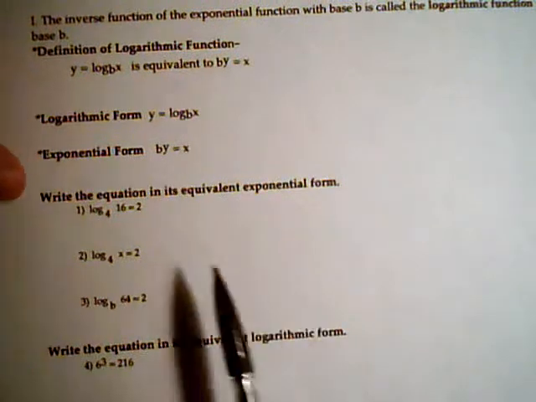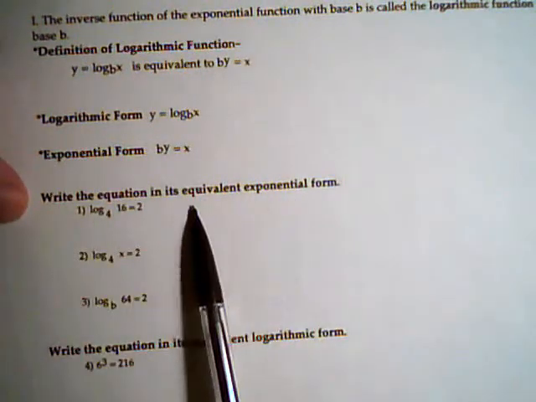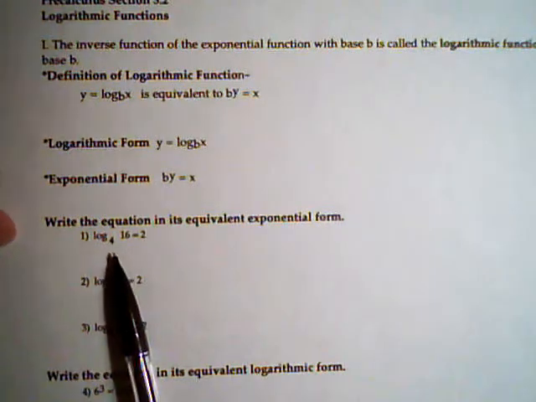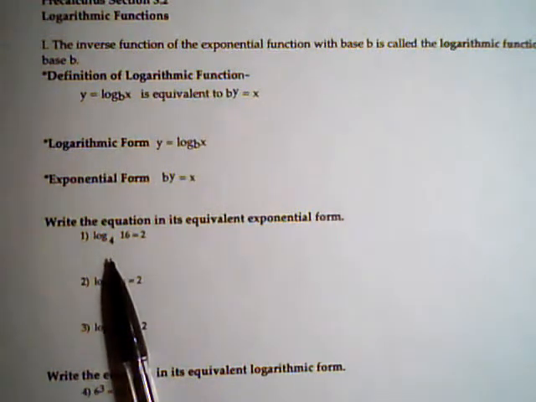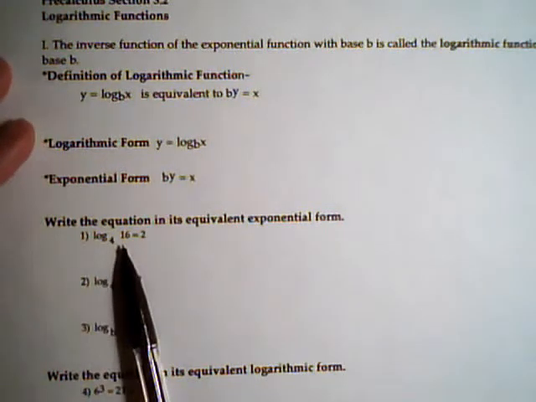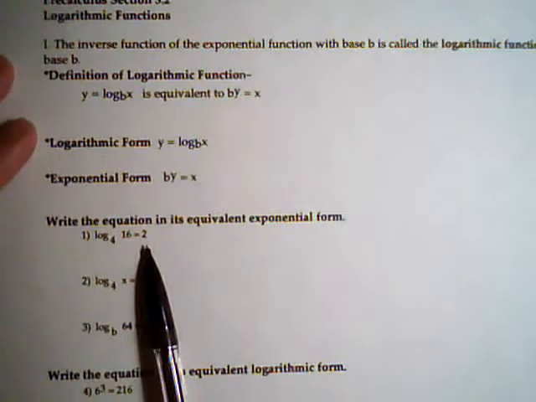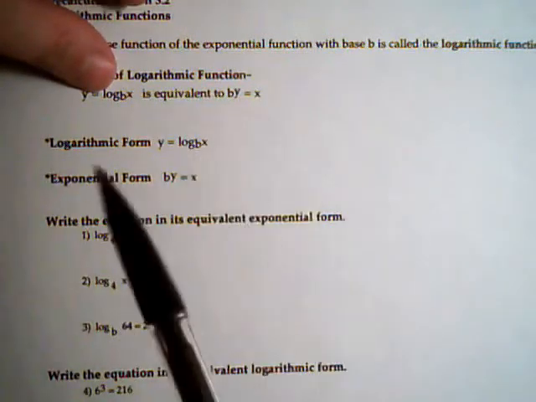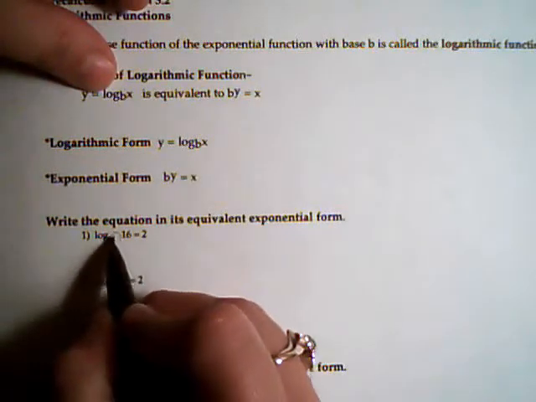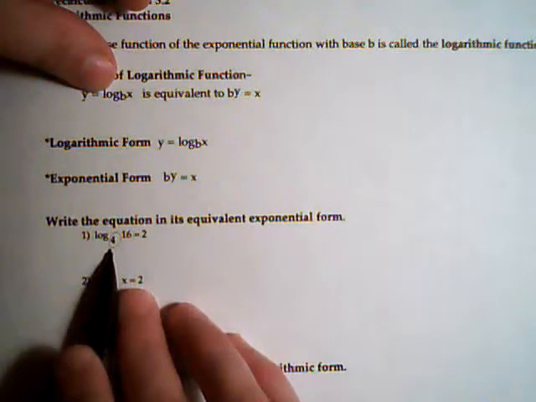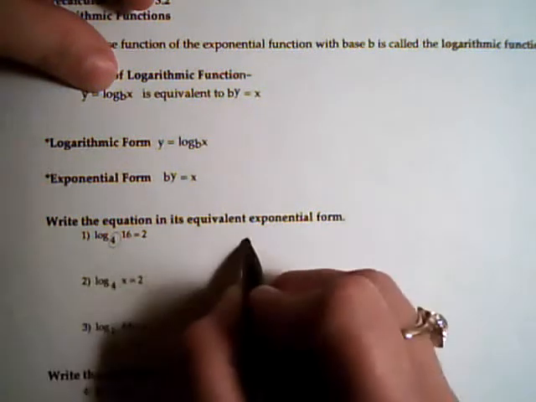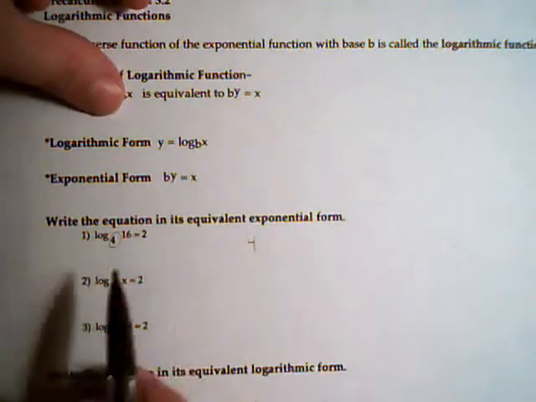So the first thing that you're going to have to be able to do is convert between those two forms. If you have something in logarithmic form, they're going to ask you to write it in its equivalent exponential form. So we have log base 4 of 16 equals 2. Your base in your logarithmic function will always be the base in your exponential, so I would have a base of 4.